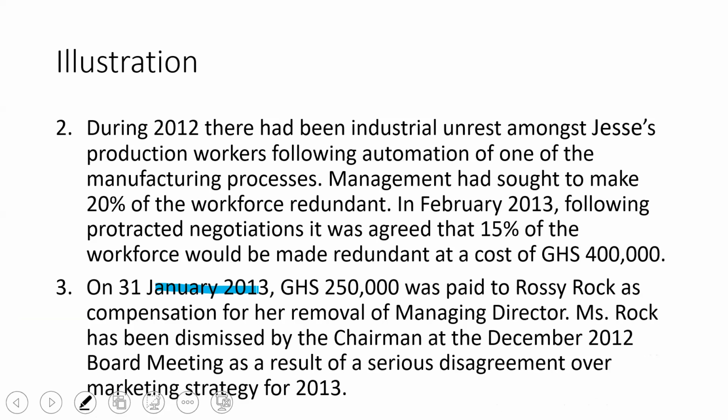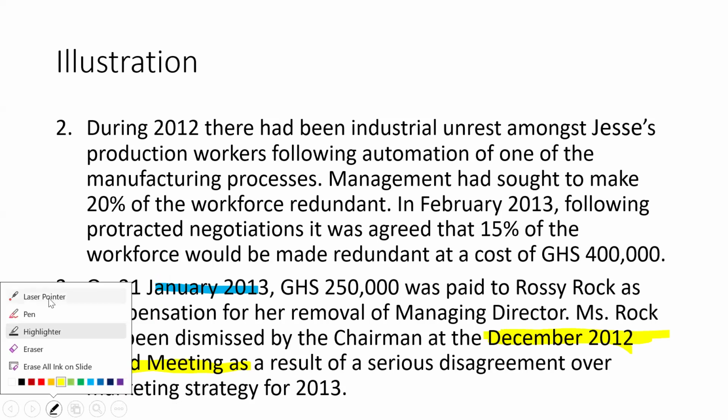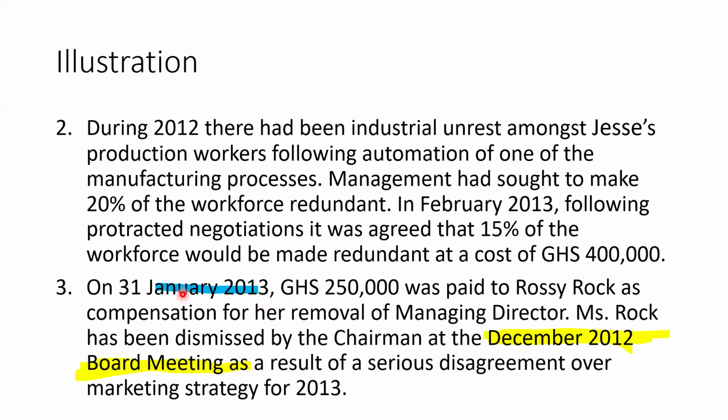Ms. Rock was dismissed by the chairman at the December 2012 board meeting. The reason why we are paying her the compensation is as a result of her dismissal at the December 2012 board meeting. So this 250,000 we are paying to Ms. Rock in January 2013 is as a result of her dismissal in December 2012.